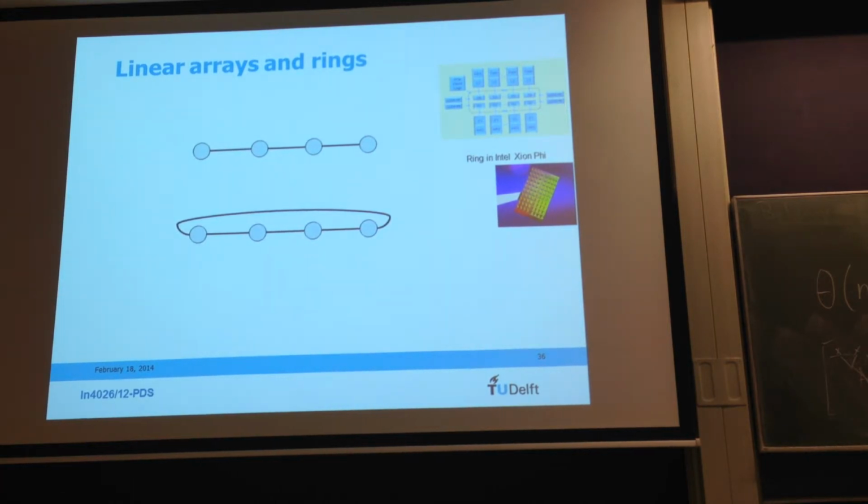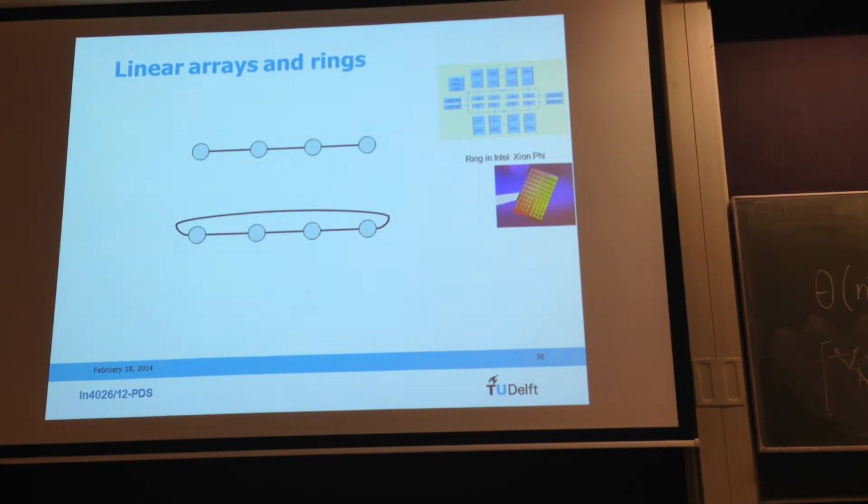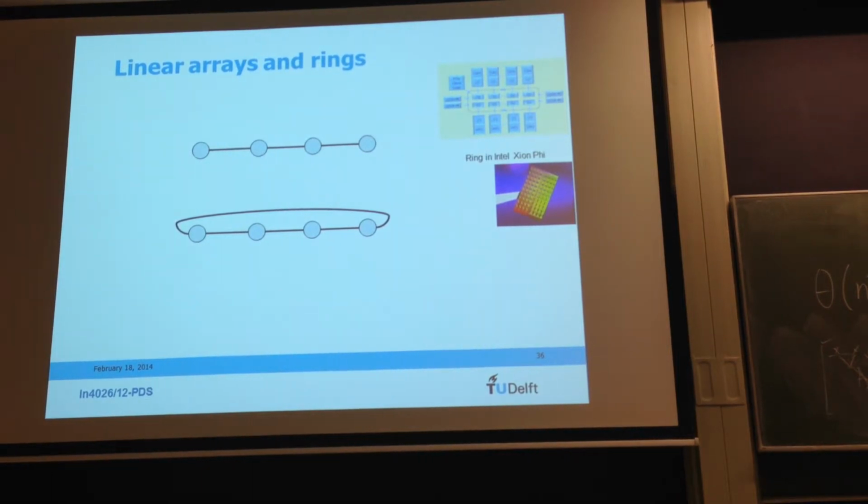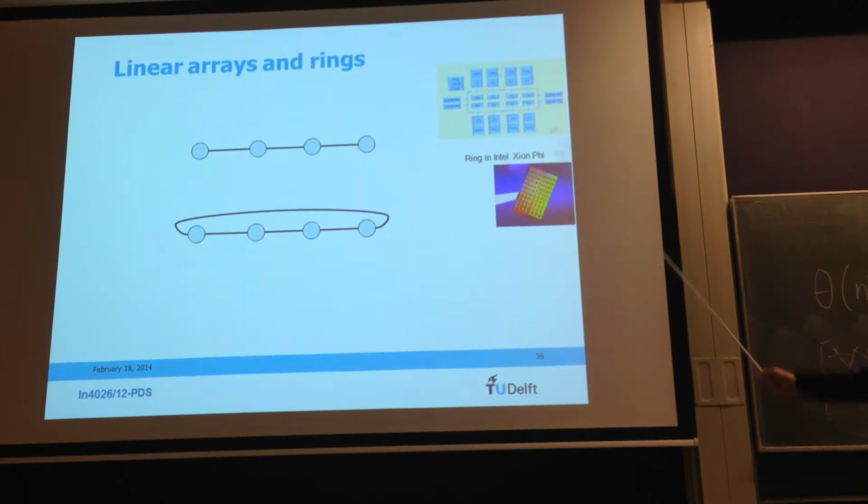This is an example of a system having a ring. This is the Intel Xeon Phi, one of the newest 50, 60 core machines on the market. Well, you can buy it. It's probably not appearing in products at the moment. We do some experimentation with this kind of system at the moment. The Chinese built these kinds of nodes into their top machine.